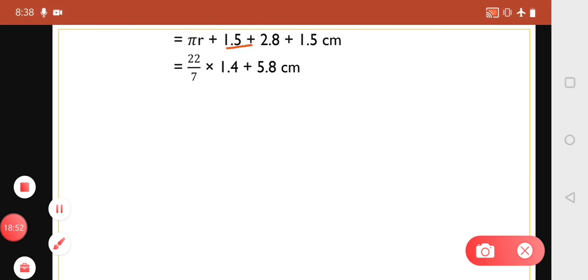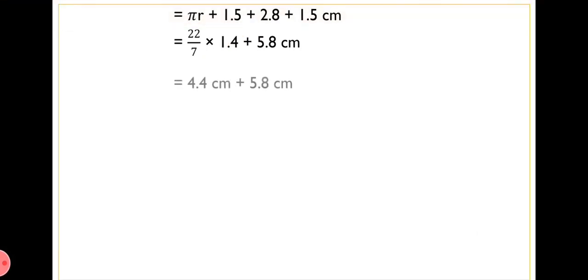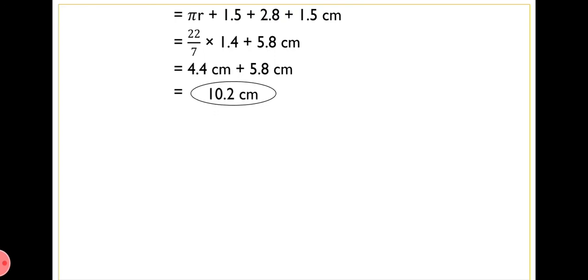We have to add all the three, so we will get 5.8, and here 7 ones are 7 and 7 twos are 14. So we will get 4.4 plus 5.8 centimeter, that is equal to 10.2 centimeter. So the perimeter of figure B is 10.2 centimeter.